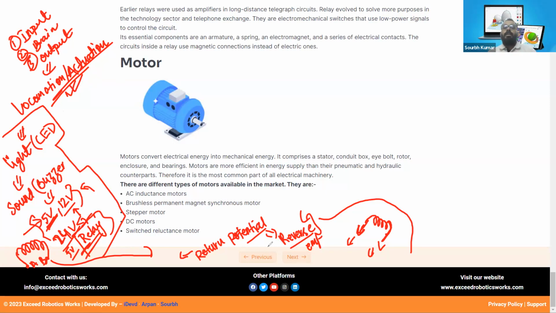Yes, there are varieties of modules and sensors present in the market. But let me tell you why I keep urging you to utilize electronic components and build something out of nothing, from scratch, with simple electronic components.